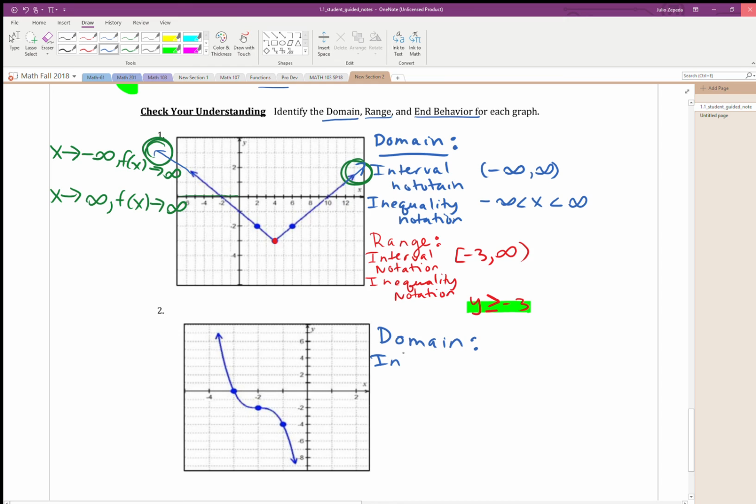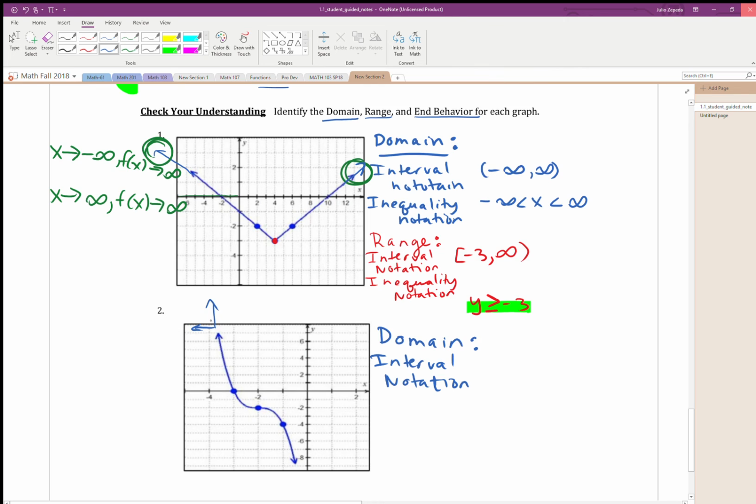So intervals. Okay, so I'm looking at how far to the left does my graph go. If I look at this arrow, it's pointing upward, but it's not perfectly straight upward. It's kind of going a little bit to the left.